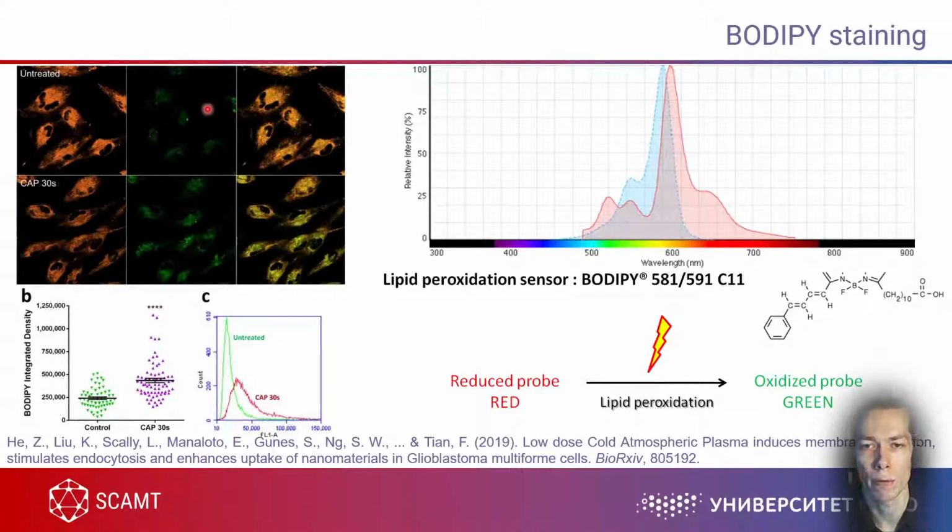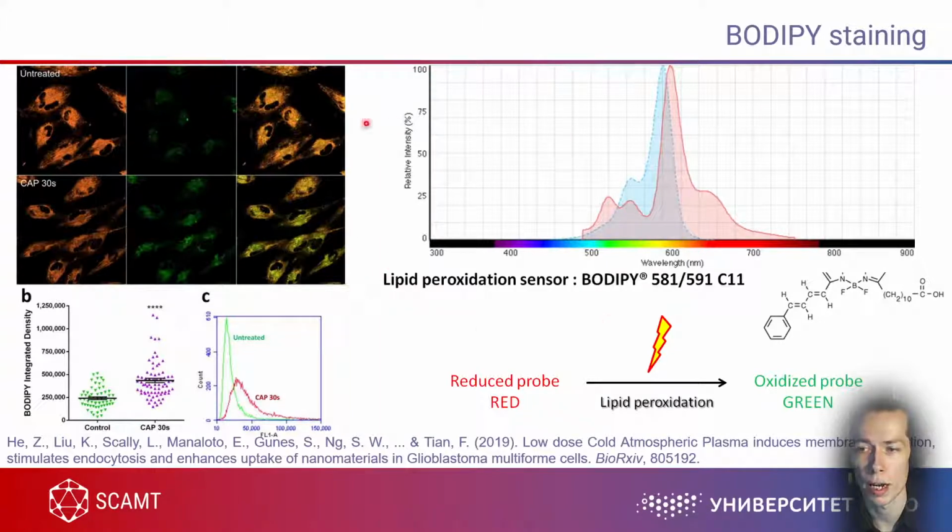So BODIPY will definitely stain something inside even untreated control cells. But if we apply some cold plasma for 30 seconds, we will observe an increase in signal, and on the merged image we will see a lot of green staining, which is connected with oxidation, peroxidation of lipids.